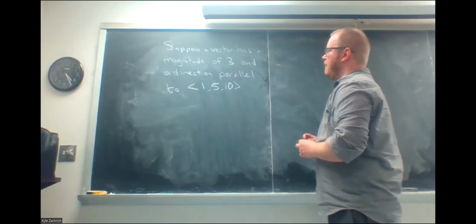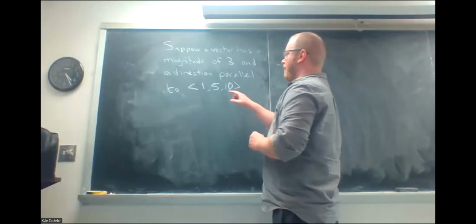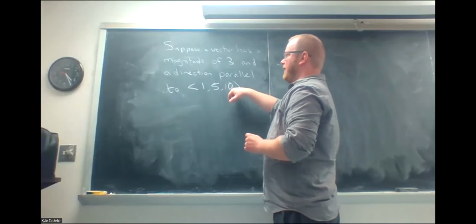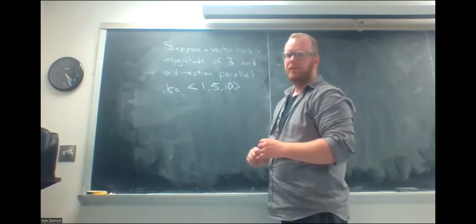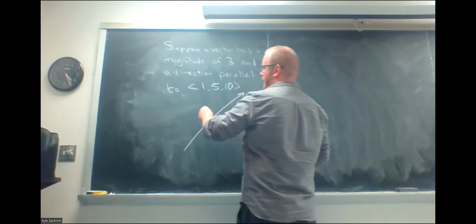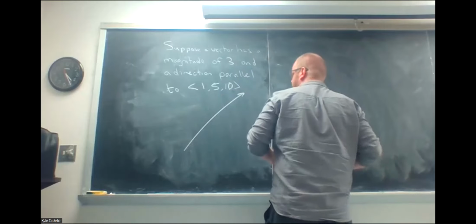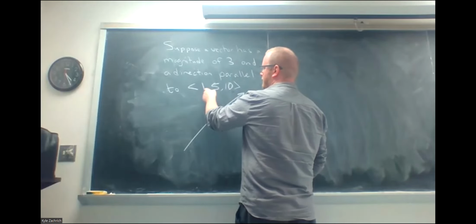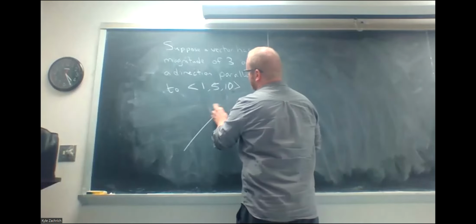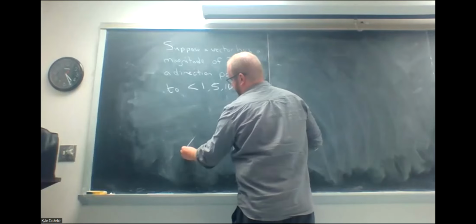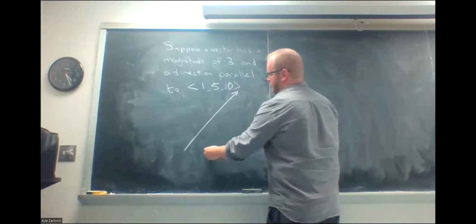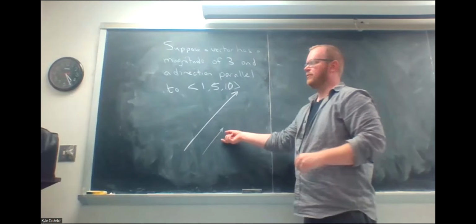What we want to do here is note that this 3-dimensional vector has a magnitude of much more than 3. If you think about the magnitude of this one, it's going to have 100, 25, and 1 as its components, and you'll square root them. But we're going to have to shrink it down so that it has a magnitude of just 3.